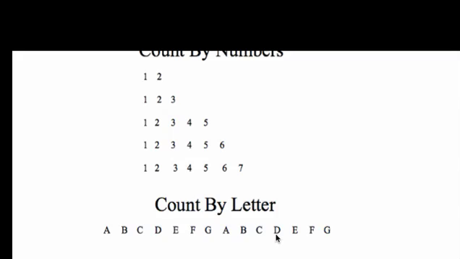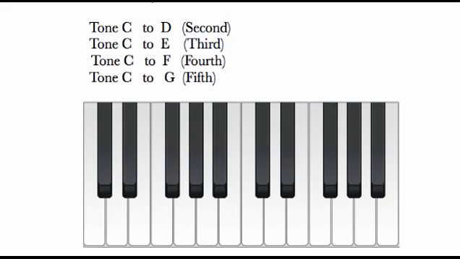Great. Well, what does this look like if we were looking at a piano or a keyboard? Counting intervals on the keyboard is very much like counting the letters, except in this case we can put our thumb on that first tone, our index finger on the second tone, the middle finger on the third tone, ring finger on the fourth, pinky on the fifth, and we have the first 5 tones of our scale.